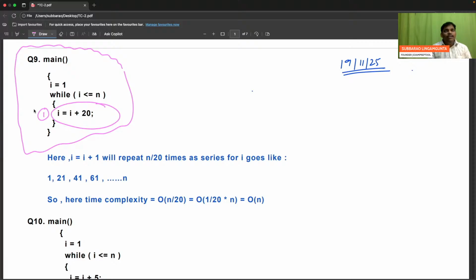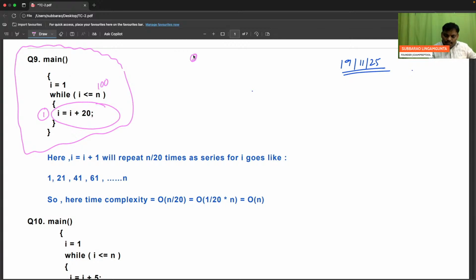Every time I increment by 20, what is the answer? 0 becomes 20, 20 becomes 40, 40 becomes 60, 60 becomes 80, 80 becomes 100. So what I mean to say is, see everyone now, suppose n is 100.